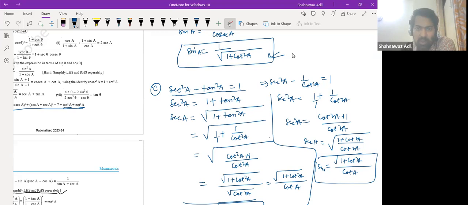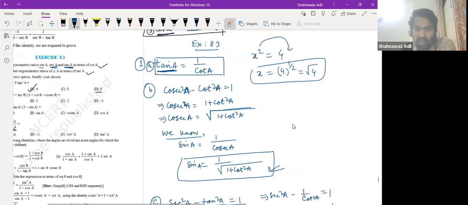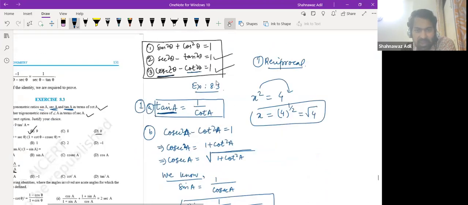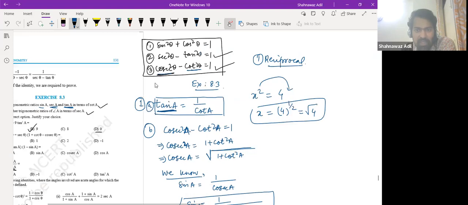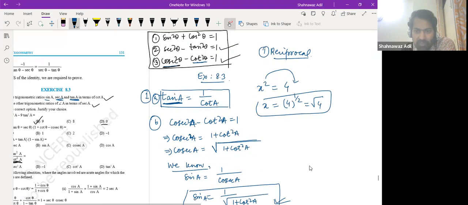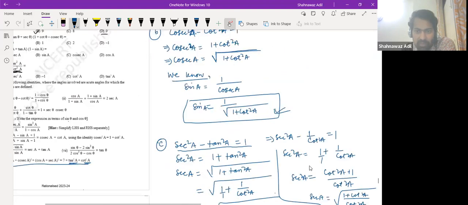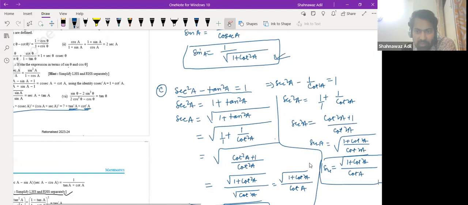So what did I do? I first calculated the reciprocal. Whenever these kinds of questions are given, you first calculate the reciprocal and then use the identity. Wouldn't we get confused because they're asking for trigonometric ratios in the question?